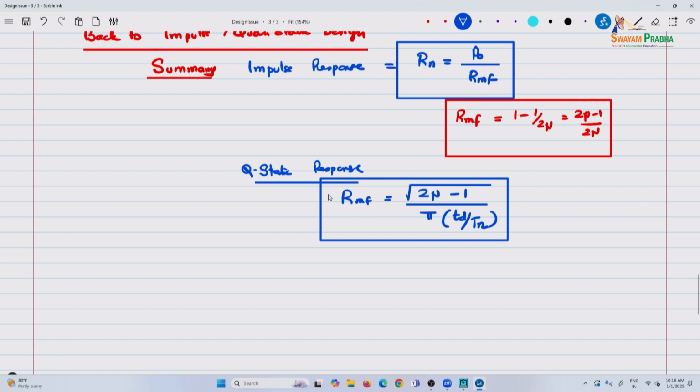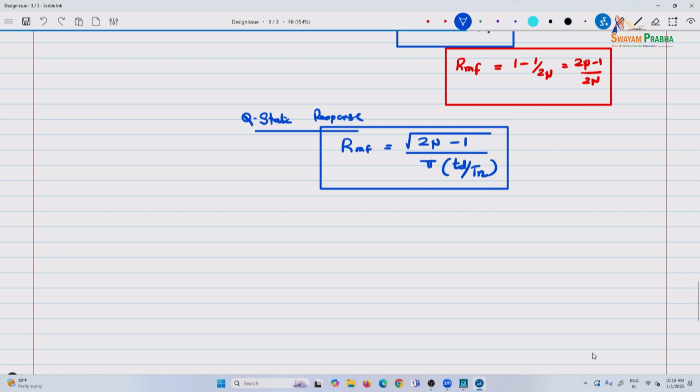And we saw in case of design versus analysis how to consider each one of them.